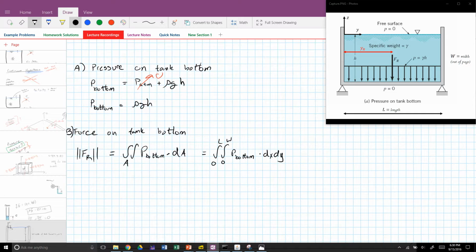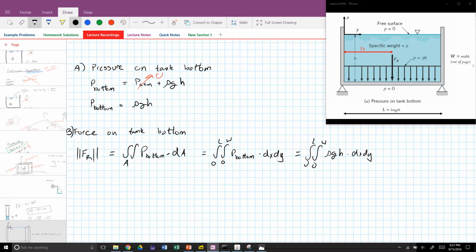And since we know what P bottom is, this in turn is equal to the integral from 0 to L, 0 to W, of rho g h times dx dy. Well, we just specified that rho g h don't vary along the x or y directions. They're not functions of either coordinate. The static pressure in this case is a function of only the vertical coordinate.